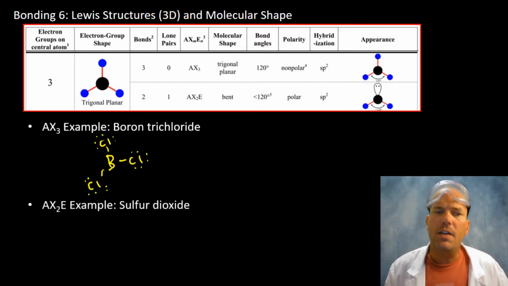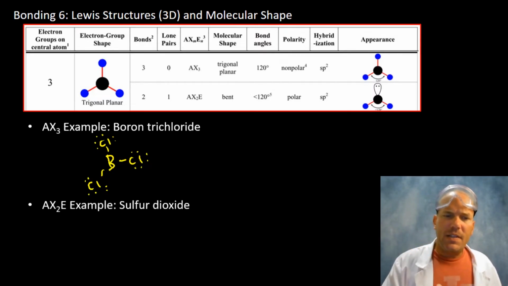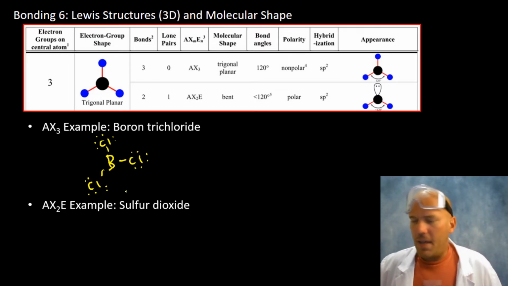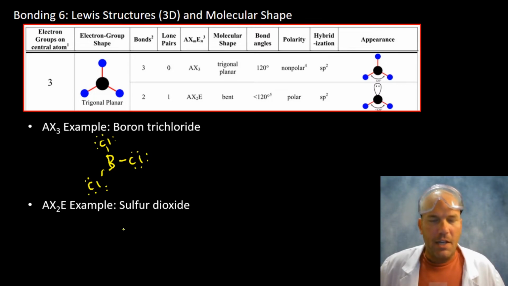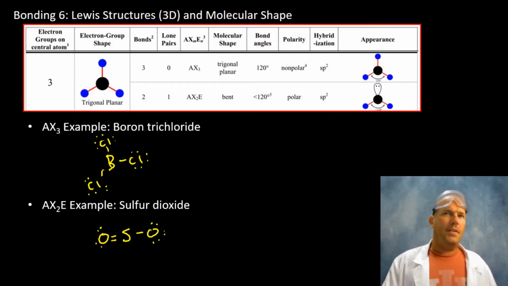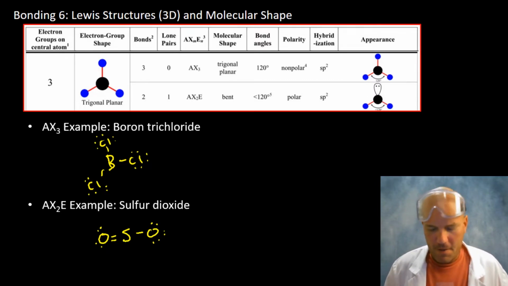Let's do another example with 3 groups, except this time sulfur dioxide is going to be an example of one that has, well, let's look at it. And again, pause the video, try it on your own. All right, so you are going to add up all your valence electrons, make your skeletal structure, and you're going to find that you need to double up on a bond to make this work.